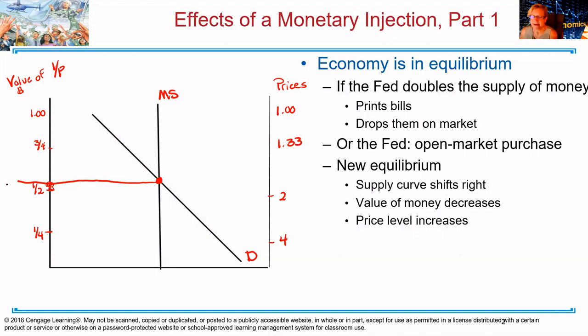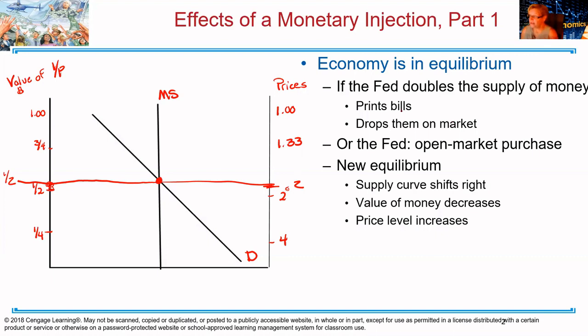So if you go to the dollar store, it would take you twice as many dollars. So the price level has doubled because your dollar is only buying half as much. So the value of $1 is 1/2 and the price level has doubled.